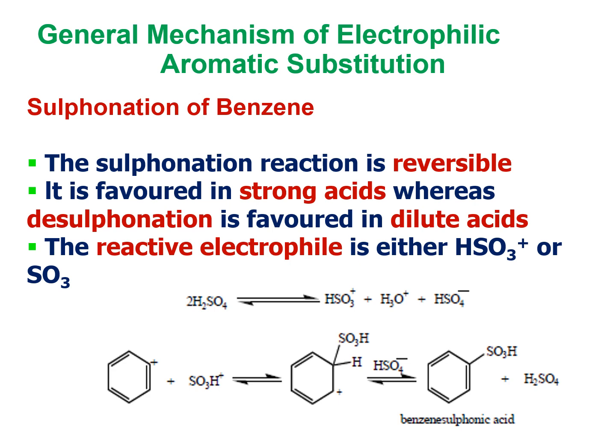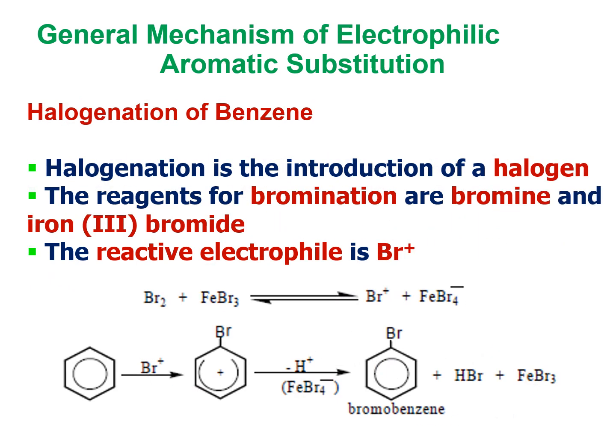The same thing happens: we are going to generate the electrophile from sulfuric acid, SO3 or HSO3+. At the end of that, we also regenerate the catalyst, which is sulfuric acid.